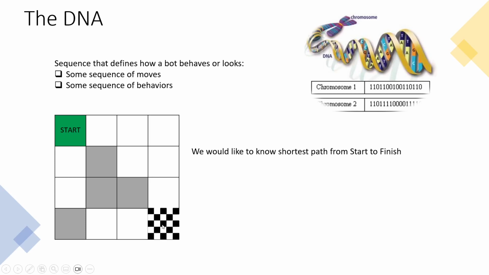A bot can move either left, right, down, or up. So in this case, our DNA will carry information about the moves. It's going to be a sequence of moves, or a sequence of behaviors.